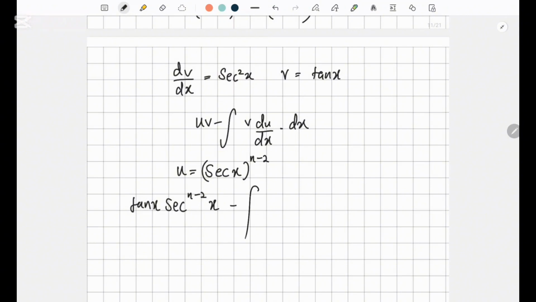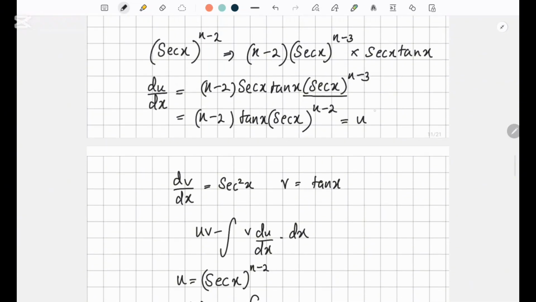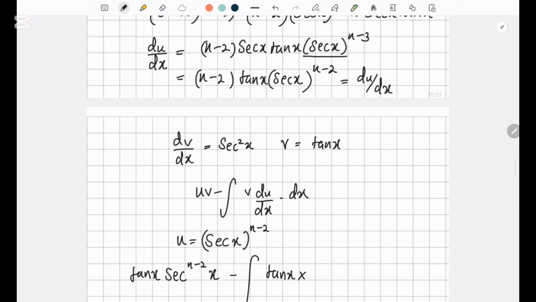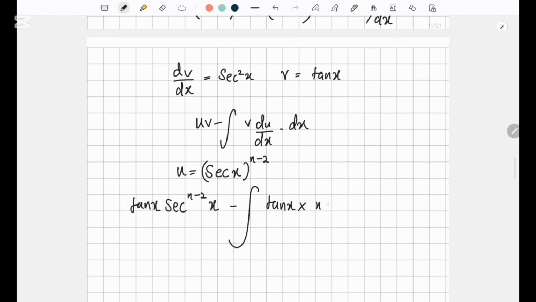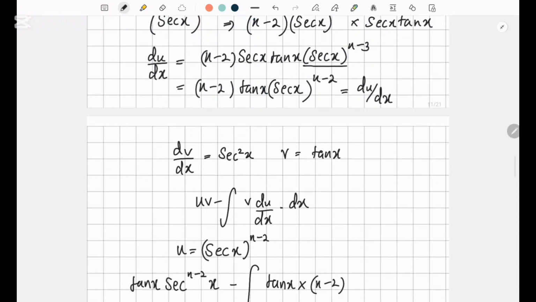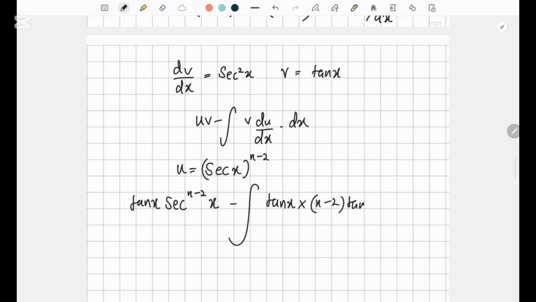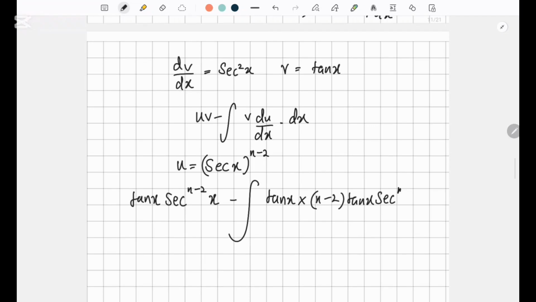This minus v, which is tan x, into du over dx. So this was du over dx. I by mistake wrote u instead. I'm sorry about that. So tan x into du over dx is going to be n minus 2 tan x into sec x to the power n minus 2 dx, right? So this is what you have.